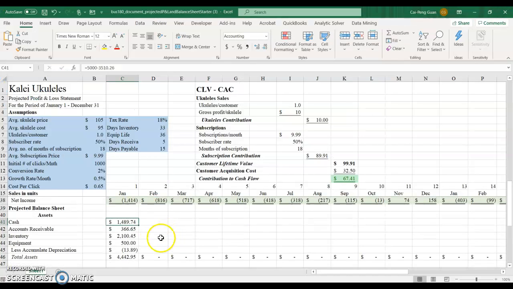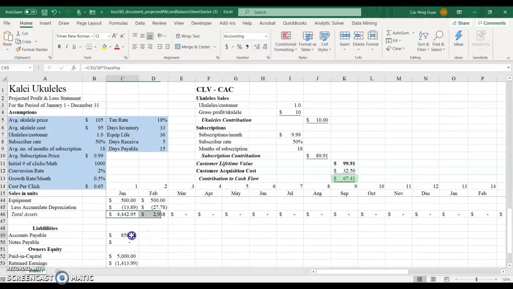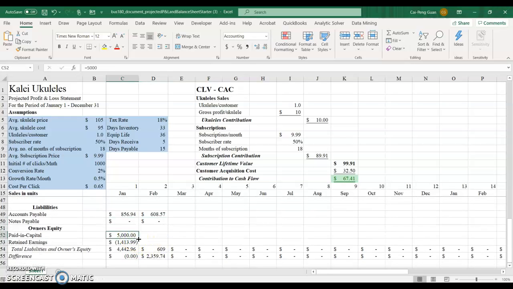And if we're doing the numbers in February for accounts receivable, we drag the formula. Inventory stays the same, drag the formula. Equipment still $500. We drag the formula, drag it. Paid-in capital stays the same. Retained earnings.